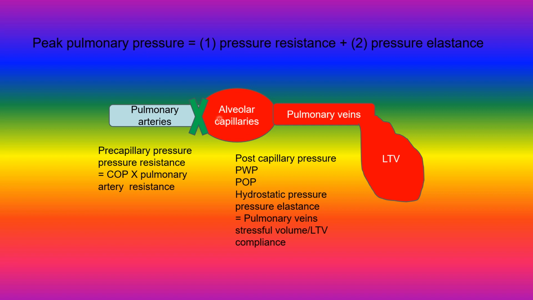But the post-capillary pressure, which is the pulmonary wedge pressure, or we call it pulmonary occlusive pressure, or hydrostatic pressure, is the pressure elastance. And this pressure elastance equals the pulmonary veins stressed volume over the left ventricular compliance.